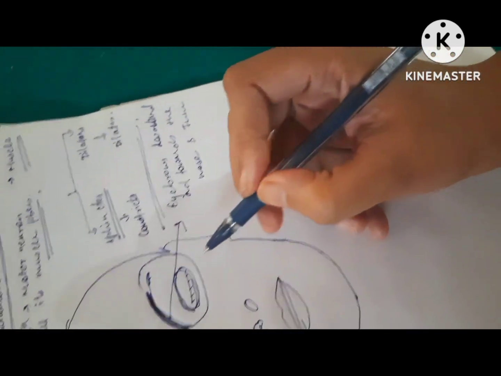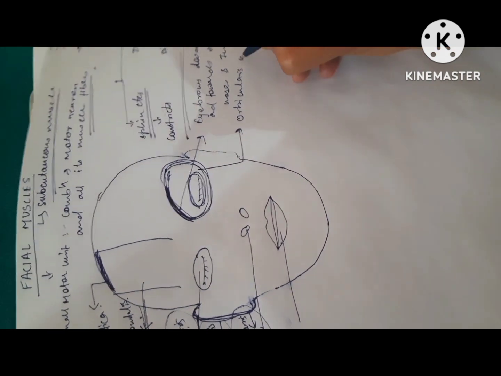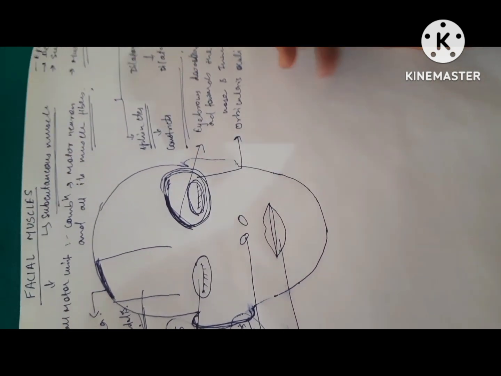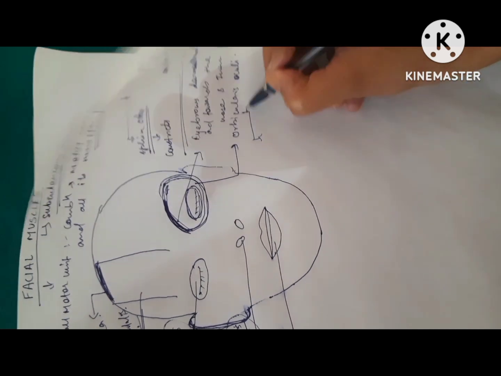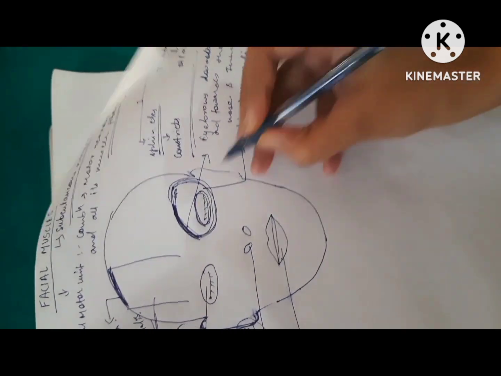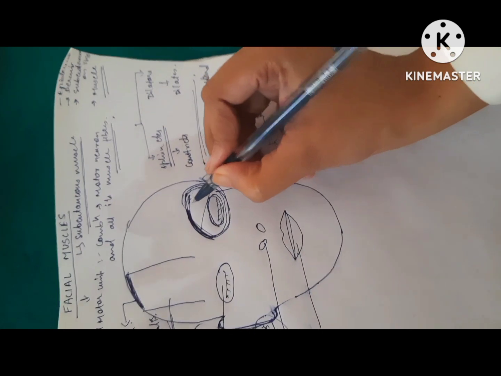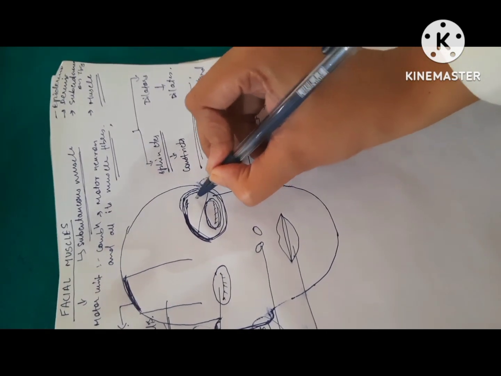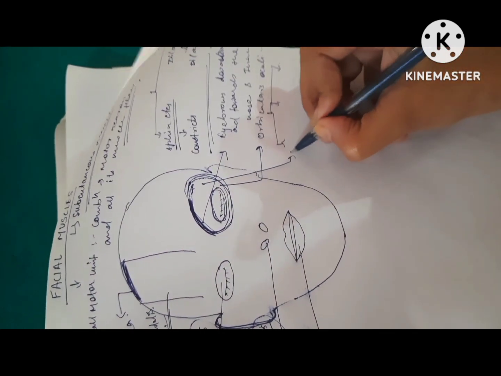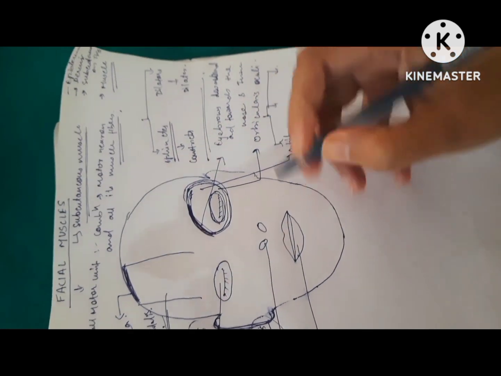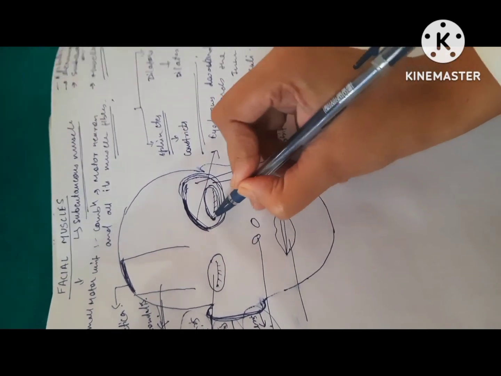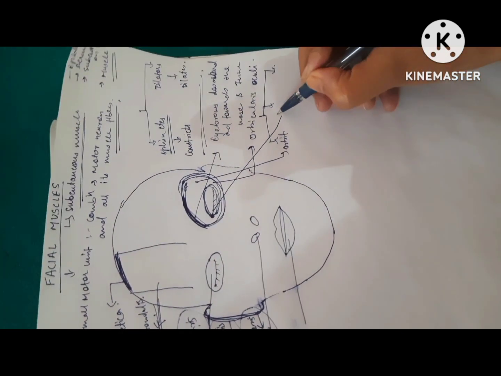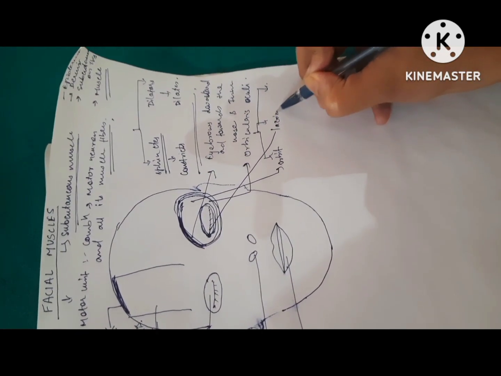The second muscle we have is the orbicularis oculi muscle. It also has 3 parts. This is the orbital part that covers the orbit. Now we have the lacrimal part that covers the inner canthus of the eye.